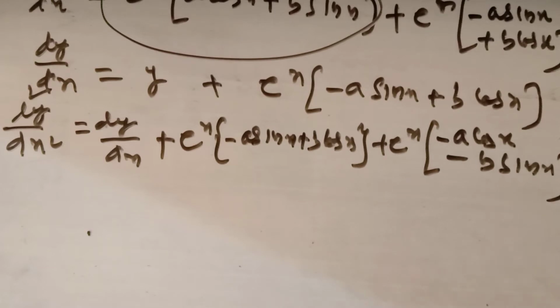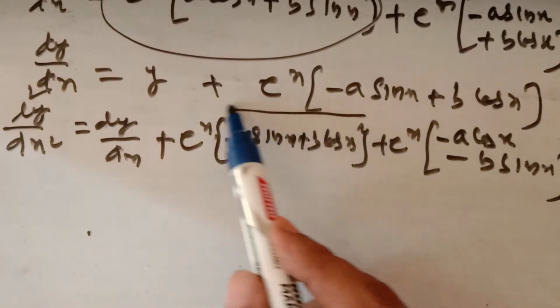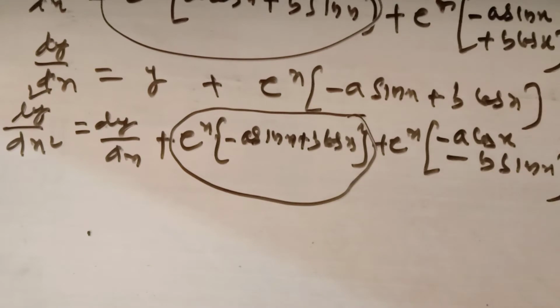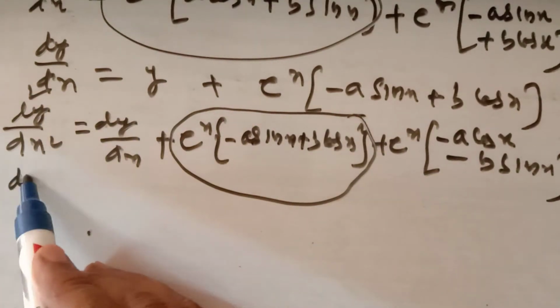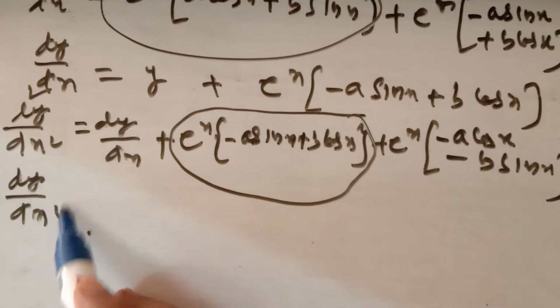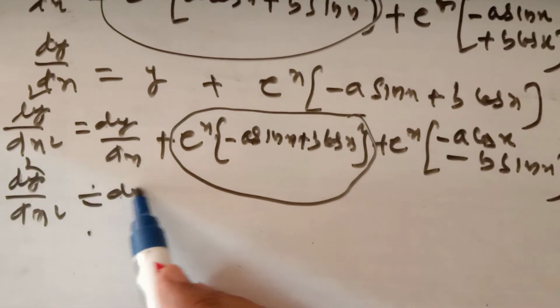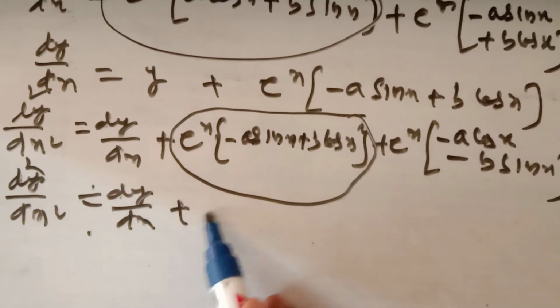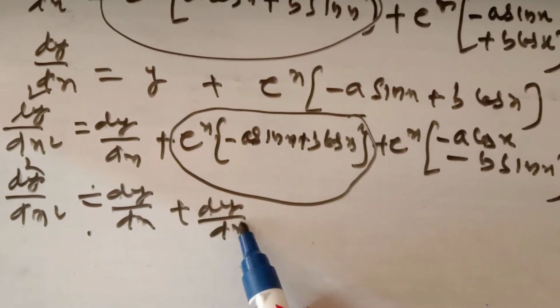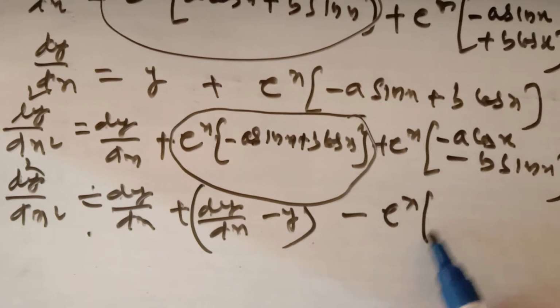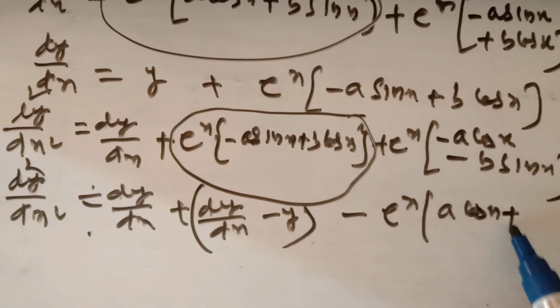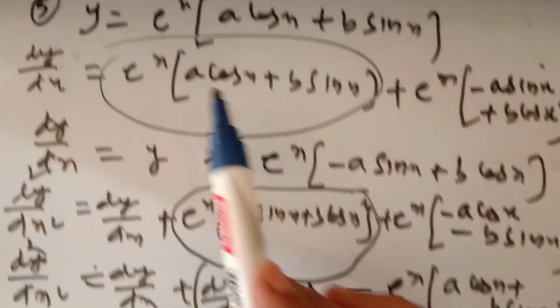Now if you see it very carefully, the value of this will be dy/dx minus y. I'm trying to eliminate a and b. So the value of this is dy/dx minus y, and if I take minus common here, a cos x plus b sin x, this is equal to y.